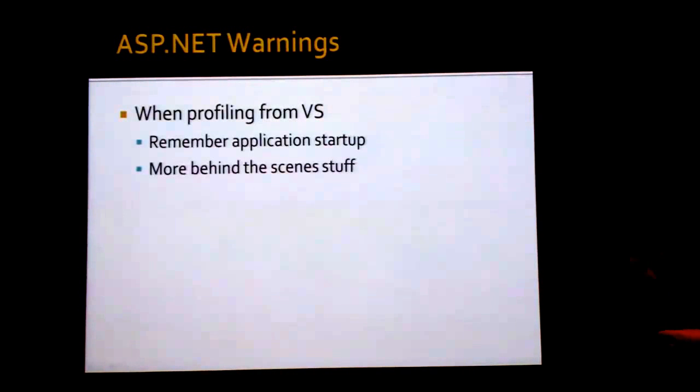But if you use Cassini, if you tell ANTS Profiler to start up the web development server and test your application, keep in mind that the web development server is a .NET process. So, that 30 seconds or so that it takes Cassini to start up and show that first page of your application, ANTS Profiler is going to be profiling it, and it's going to show everything in there. It's going to show the spikes in the CPU. It's going to show the method calls, etc.